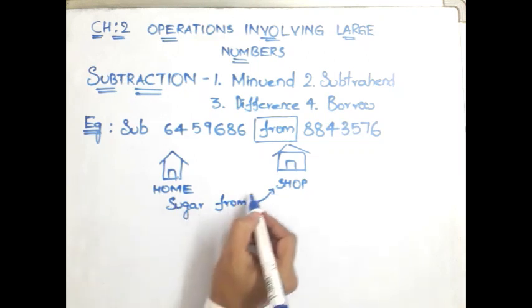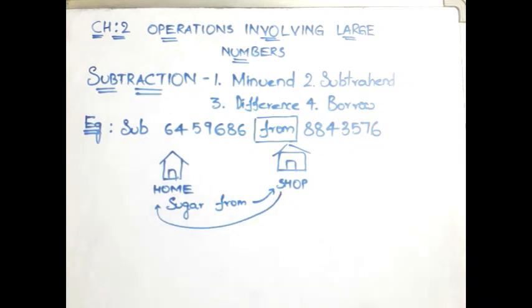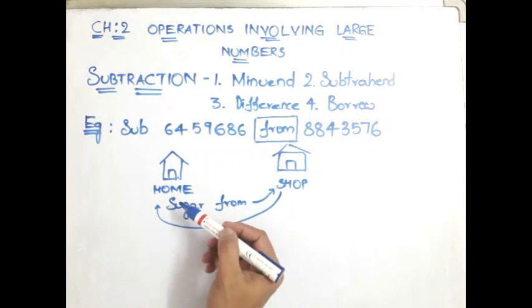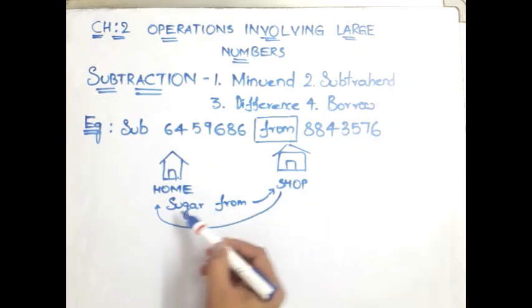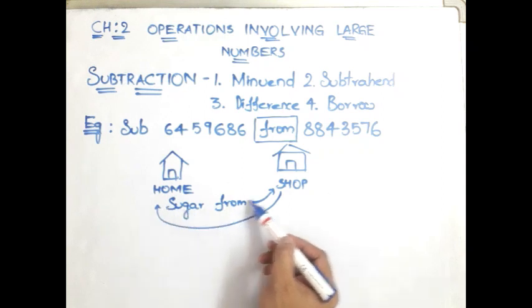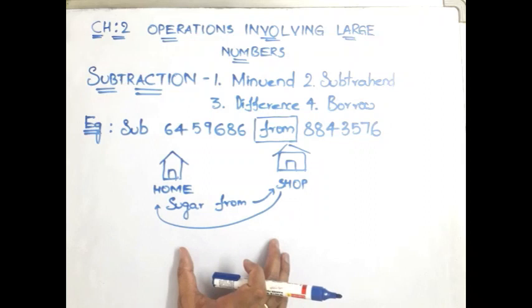You will go to the shop and then bring the sugar to home. Observe carefully. You were asked to bring sugar from the shop. Then what do we have to do? We have to go to the shop, and from the shop we have to bring the sugar.